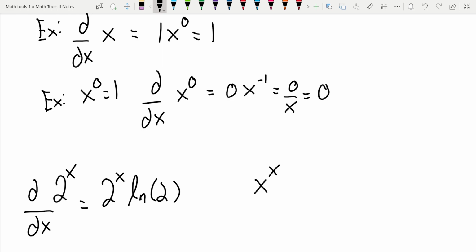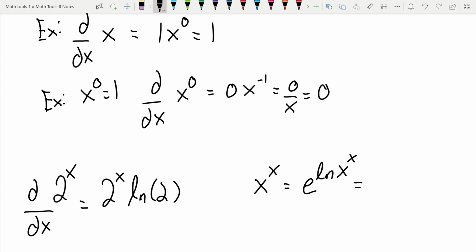Even if you have something like x to the x, this is also something that's very specialized, very different. This one, you actually want to rewrite. This is kind of a weird little trick where you rewrite it as e to the natural log of x to the x, because e to the natural log, remember, cancels out.